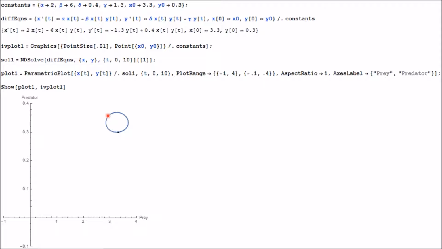And so when the predators have less to eat, they starve, and so their population decreases as well. And finally, when the predator population decreases, there are less things eating the prey, and so the prey are happy and they flourish again. And actually, this solution is periodic. You actually get back where you started.